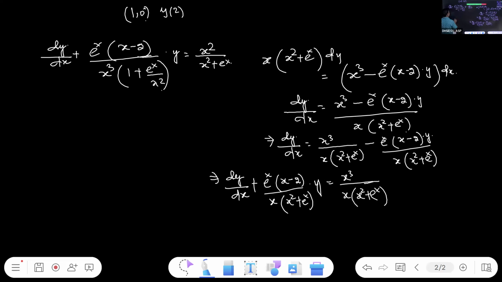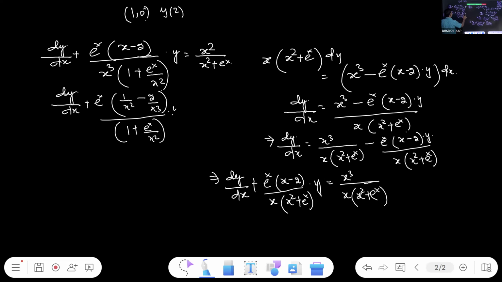So again simplify: dy upon dx plus e raised to the power x (1 upon x square minus 2 upon x cube) divided by (1 plus e power x upon x square) into y equals x square plus e raised to the power x.